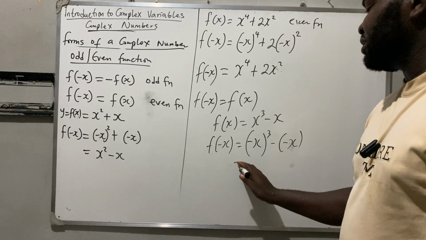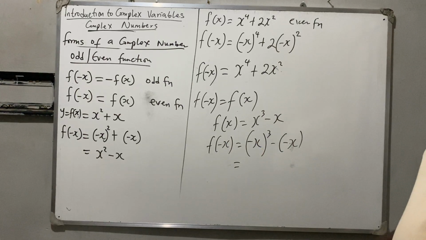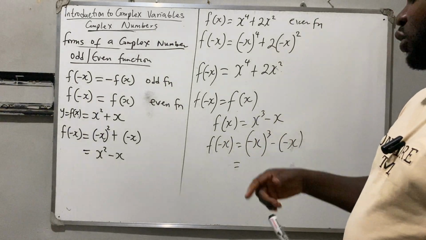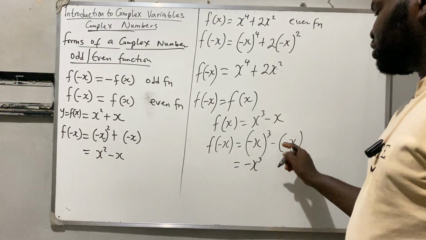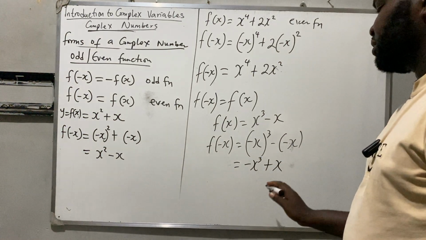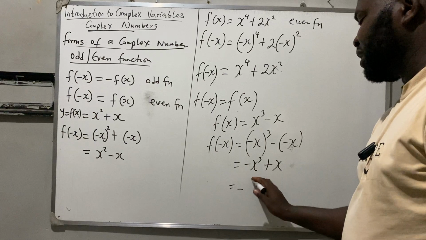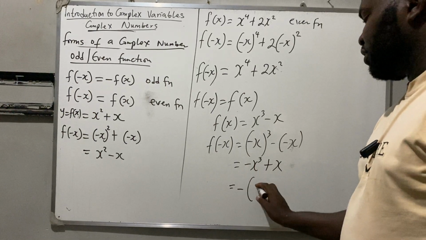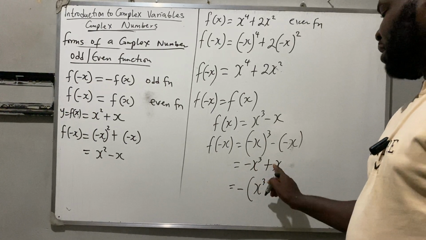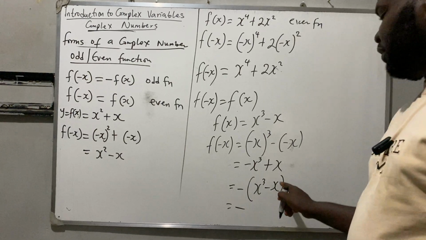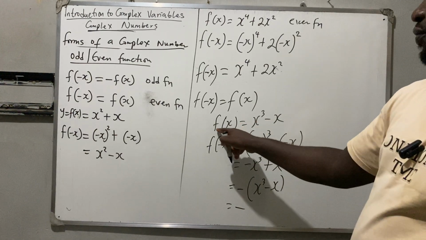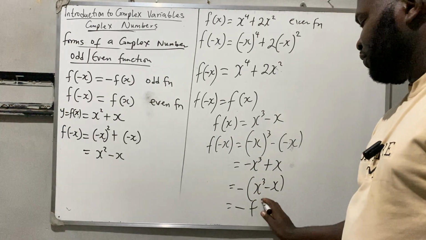So you notice that if the power is an odd number, the minus will remain. So this is minus x raised to power 3, and minus minus gives you plus x. If I bring that minus outside, I'll have x raised to power 3 minus x inside. So this is basically negative of f of x.